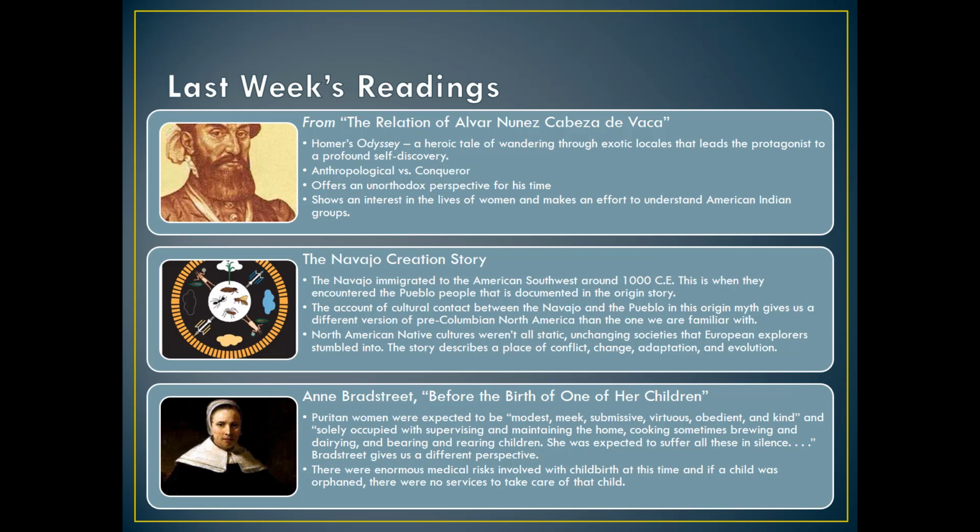It's also important when you read this poem to think about the enormous medical risks that were involved with childbirth. More than half of women who gave birth at this time died. And the infant mortality rate was also very high. If a mother died while giving birth, often there weren't orphanages, right?